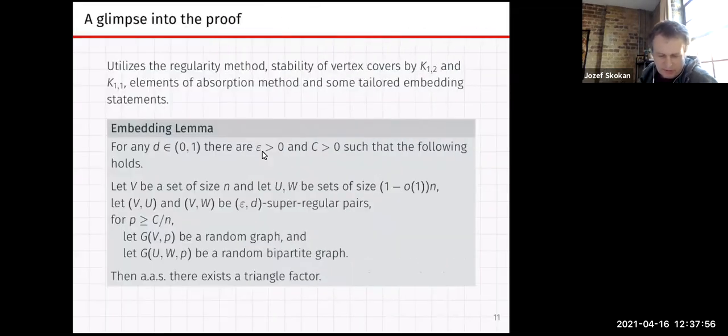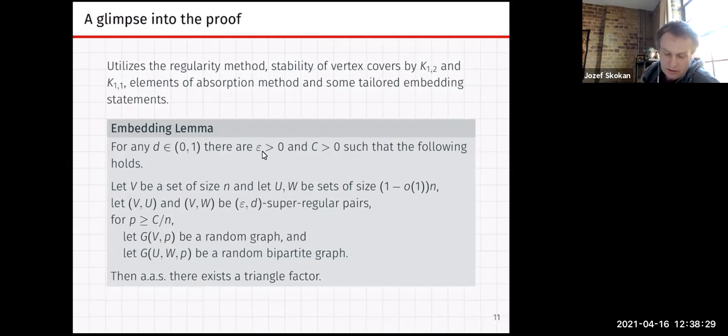So here is a glimpse into the proof. I come from the school of Rödl, so I use the regularity method whenever I can. But on a serious note, we apply the regularity method. That is the method that allows you to take any sufficiently large graph and split it into disjoint bipartite random-like subgraphs.